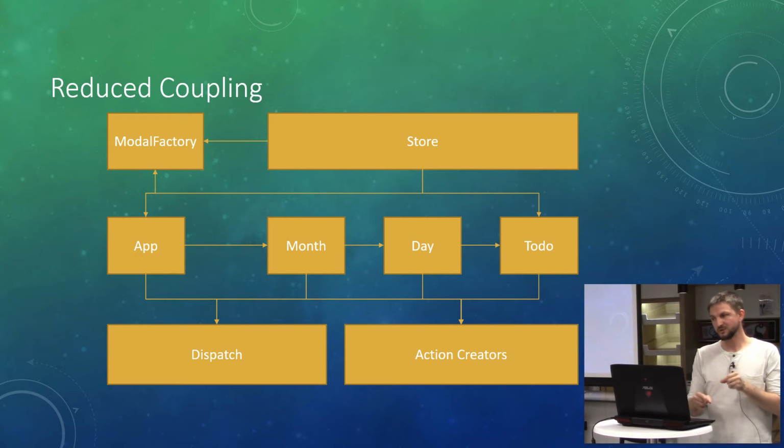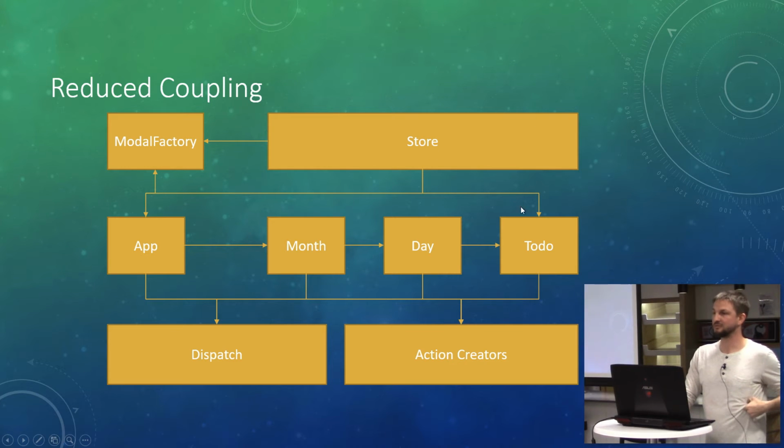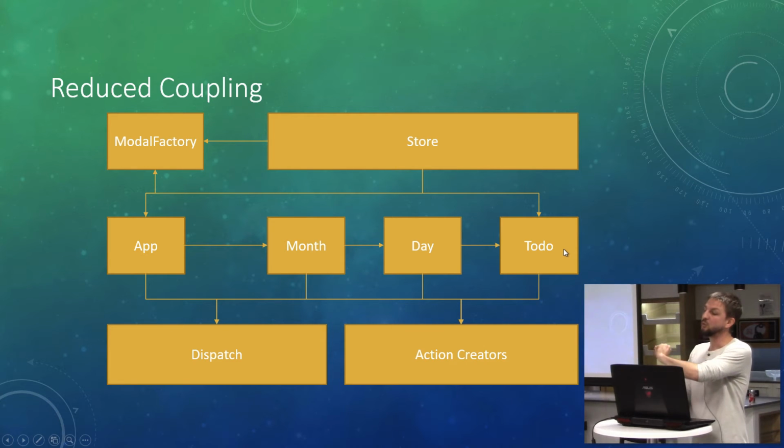If you've ever built a React application with more than 10 components, and if you're familiar with how React wants you to hoist state up to components and then pass down methods to modify that state, you will know why this is gold. If you have a component at the bottom of your application, like in my case, the to-do component, in order for me to modify state in that component without Redux, I have to pass the function from the app to the month, to the day, to the to-do.